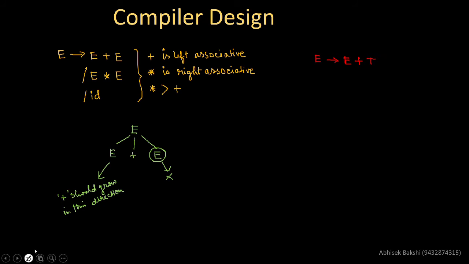The grammar will change here to E to E plus T, and since E is given on the left-hand side, there is only one way you can grow, in this direction. You cannot grow in the right-hand side because it is not E. You cannot use this production rule again on the right-hand side.